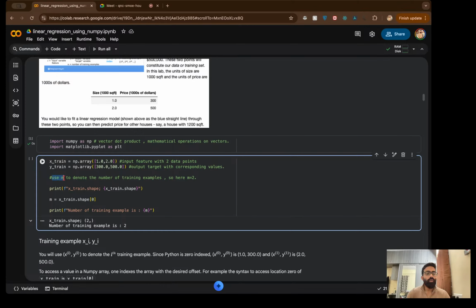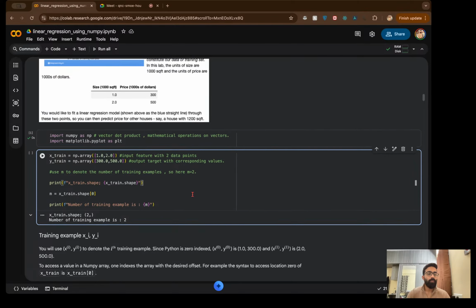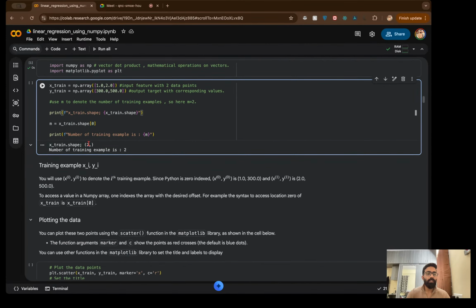Use m to denote the number of training examples. So what is the m here? M is 2. Now let's check the shape of the xtrain, and m is the number of the data points.